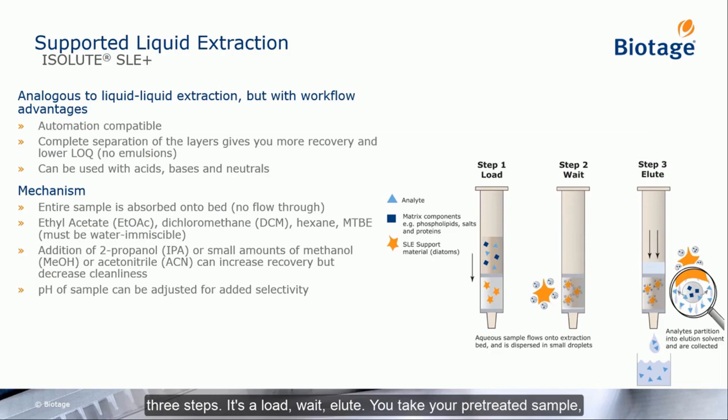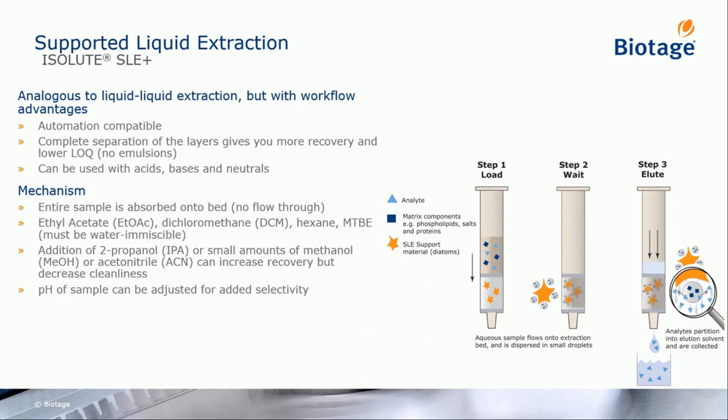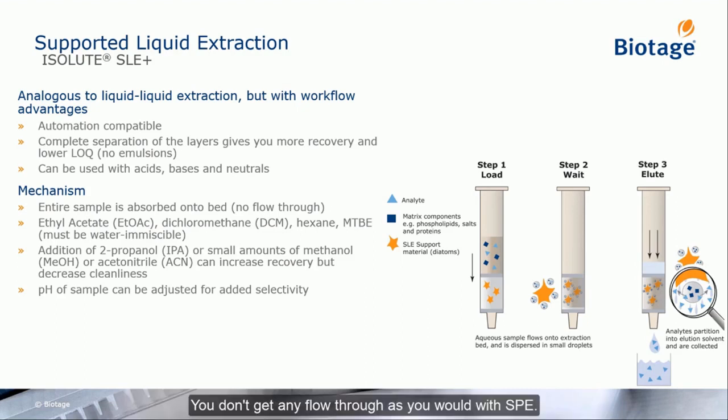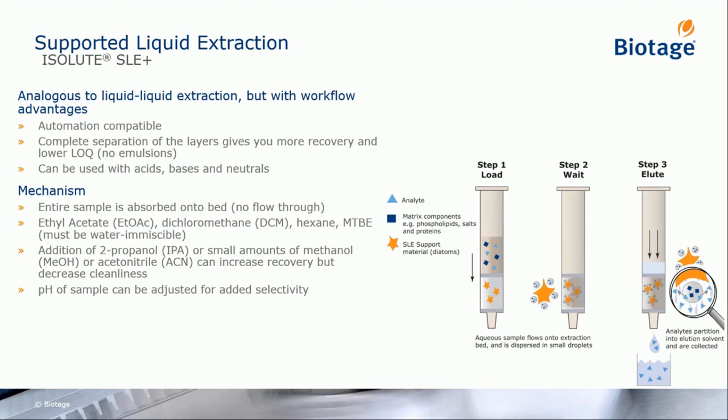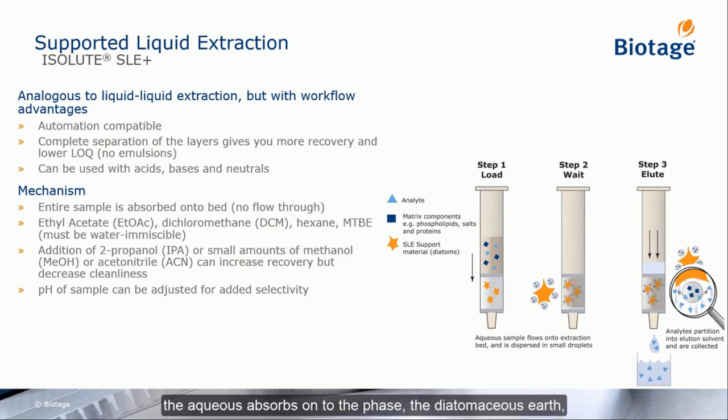So the mechanism, 3 steps, it's a load, wait, elute. You take your pre-treated sample, you add that to the column with a pulse of vacuum or positive pressure. You don't get any flow through as you would with SPE. So there's no conditioning, no equilibration. You take your pre-treated sample and load on. Nothing flows through. The aqueous absorbs onto the phase, the diatomaceous earth.